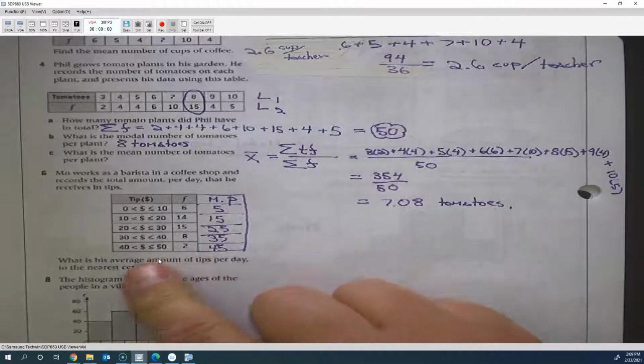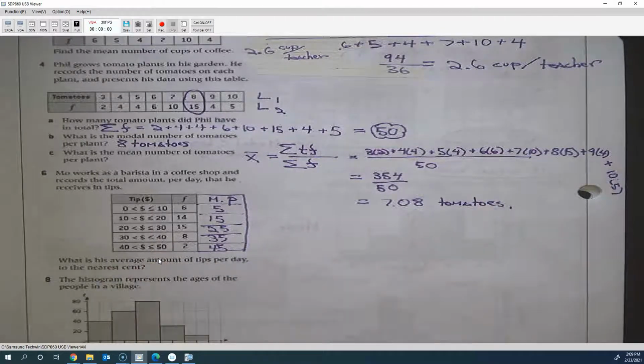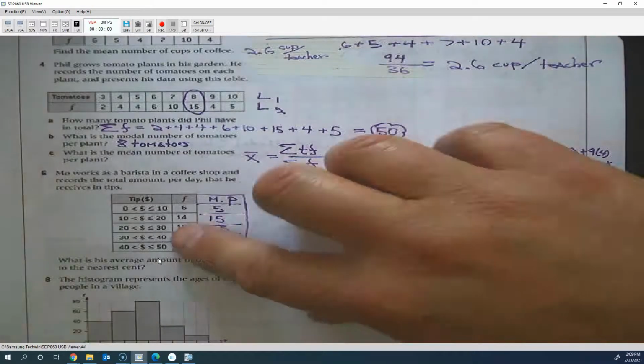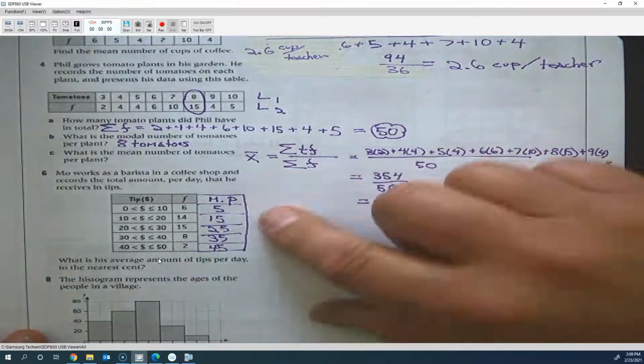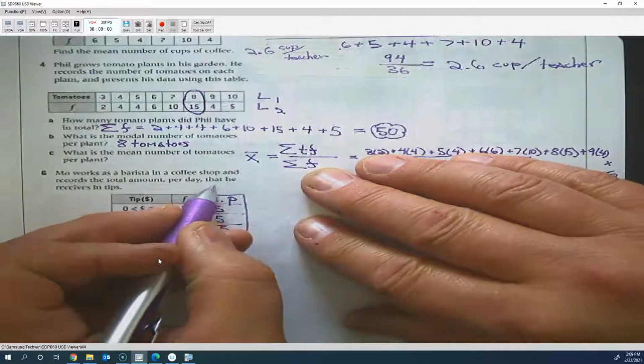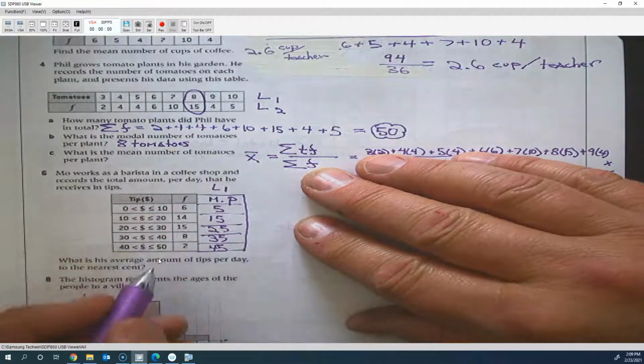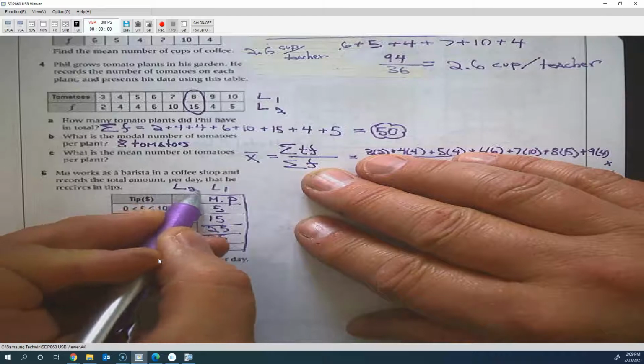And the question's asking you to find the average number of tips. So right now, you could do it all on your calculator. Let the midpoints be L1 and let the frequencies be L2.